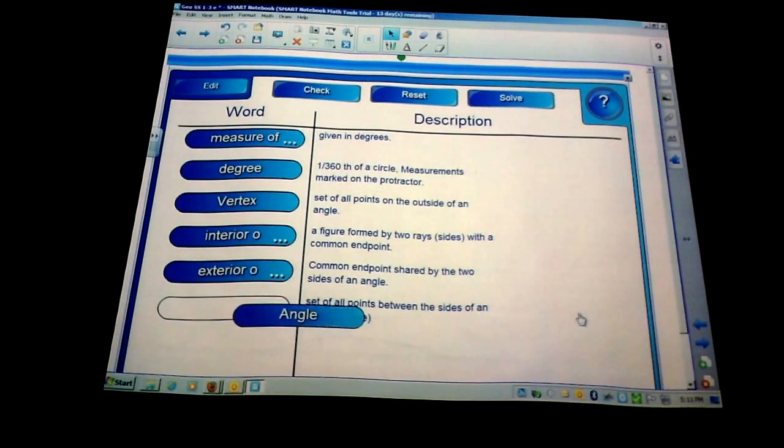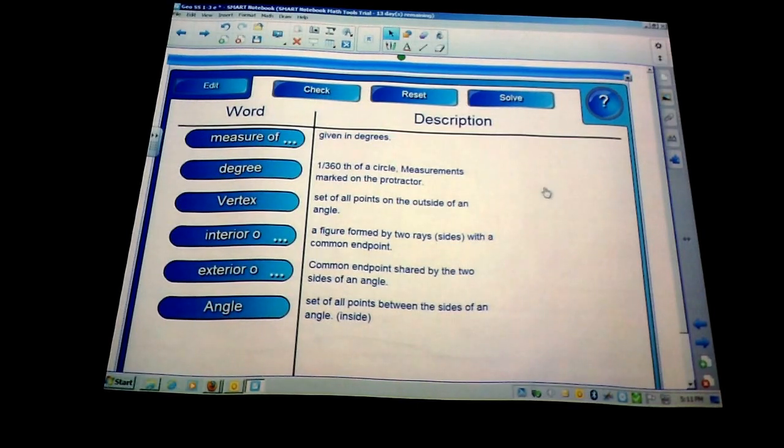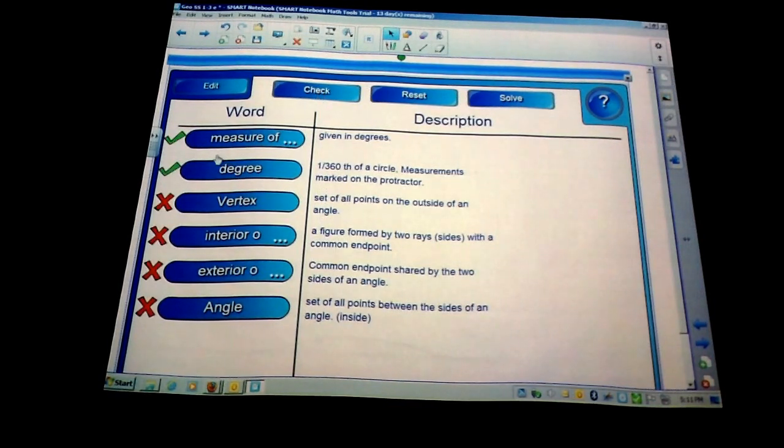So at this time, why don't you pause the video, drag your words over to the descriptions that you think is correct, and then if you hit the top button, it will check you and tell you if you got any of them correct.